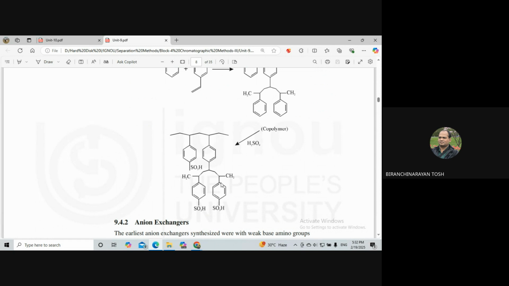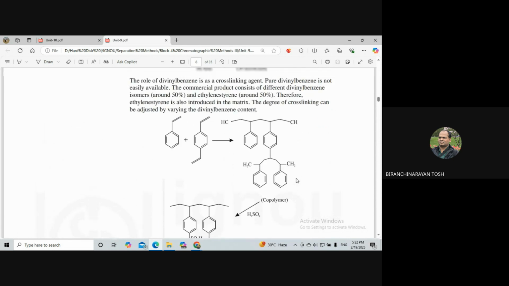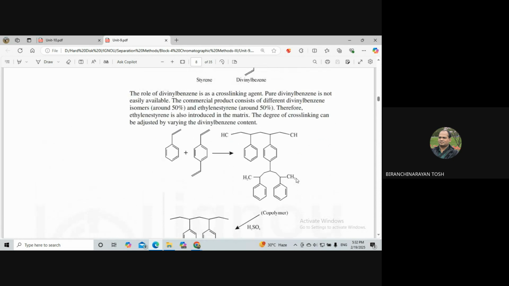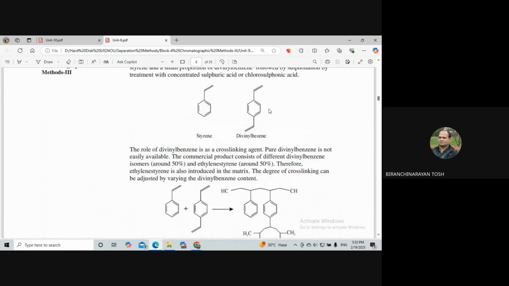This is one polymer chain, this is one polymer chain, this is the cross-linking one having side chains, and some valencies are satisfied with sulfonic acid groups. So the role of divinyl benzene is to act as a cross-linking agent, because here you can see the two double bonds are there. So the functionality is 4. One double bond, functionality of the monomer is 2.